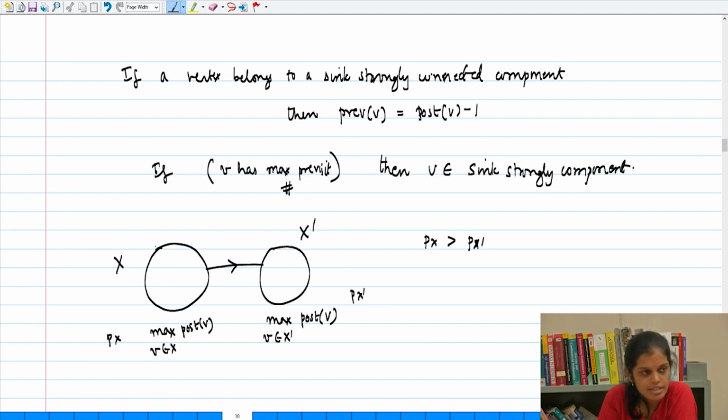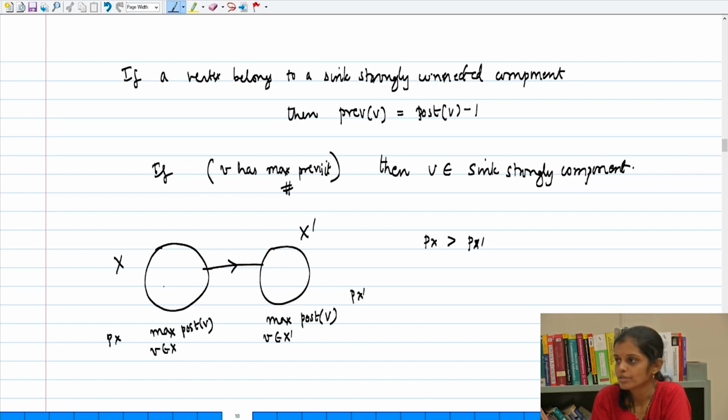That is, we chose some vertex inside x for exploration. You must have traversed this edge and therefore explored all the vertices in x prime, given them post visit numbers, and then come back to some vertex in x and given it a post visit number, right? So because of this witness edge which is going from x to x prime, you must have given a larger post visit number to some vertex inside this component.